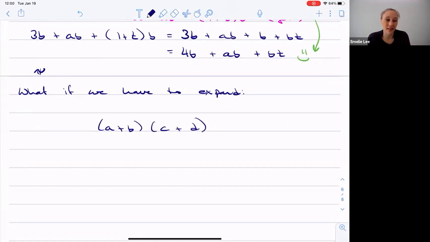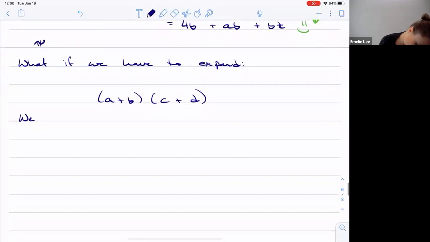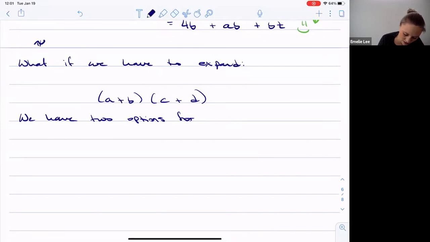They do the same thing, and to me, they're hardly even discernible, right? So I can't really tell the difference between the two. But we have two options for solving this, or sorry, for expanding this, I should say.